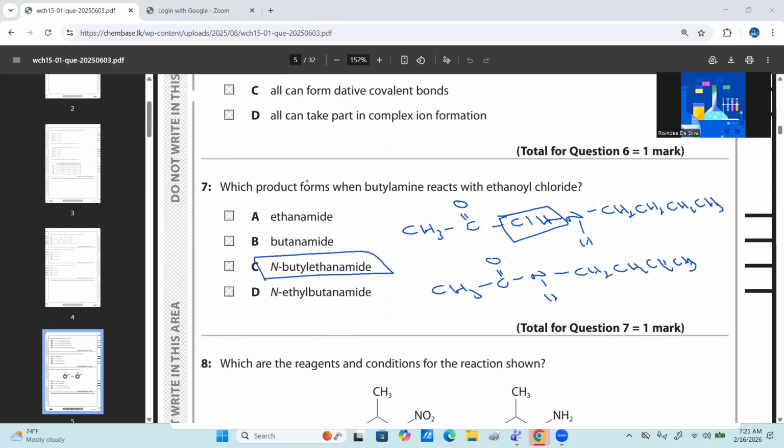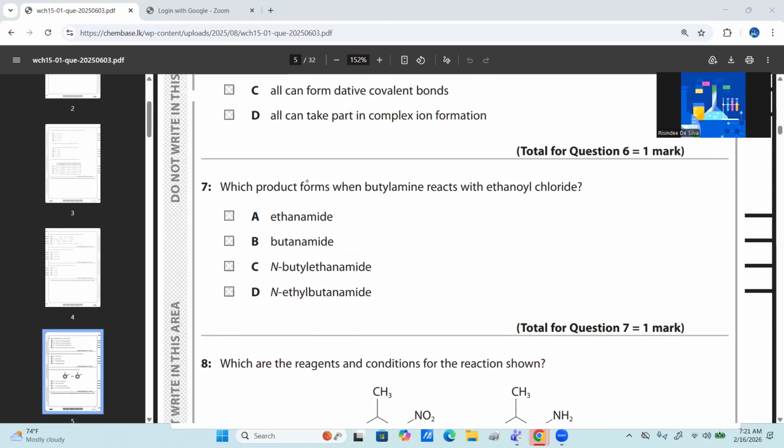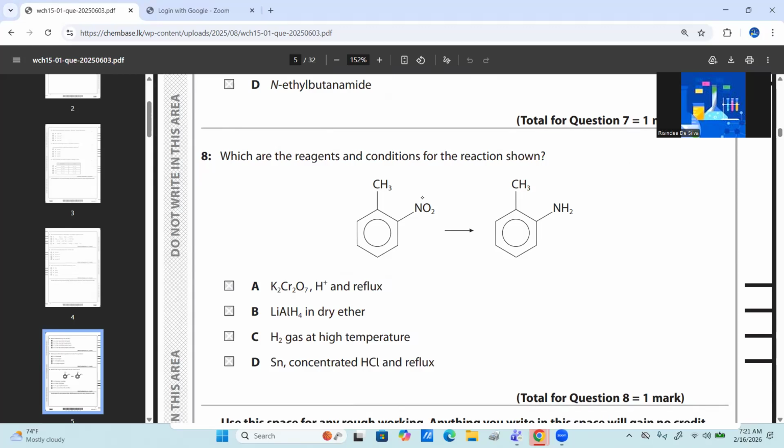Which are the reagents and conditions for the reaction shown? So we can see the only change is NO2 has undergone reduction to NH2. So we need tin and concentrated HCl. Now, to answer this, you need to know from benzene how to make the diazonium salt.